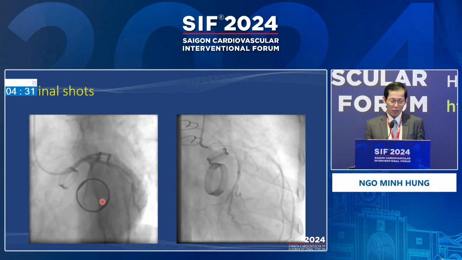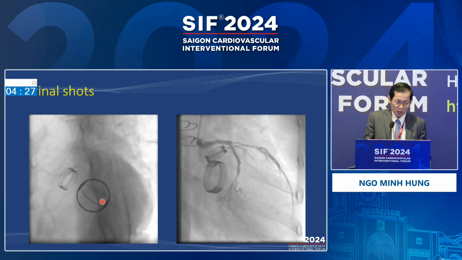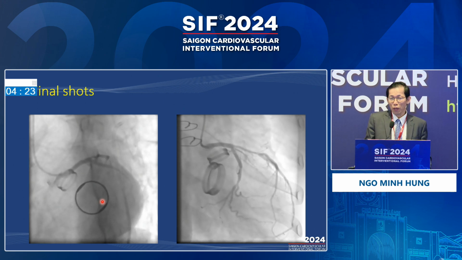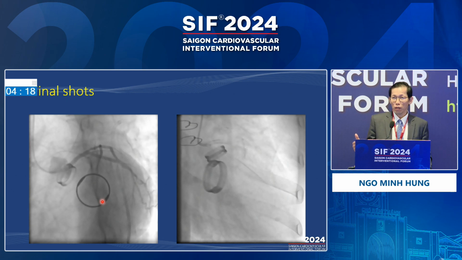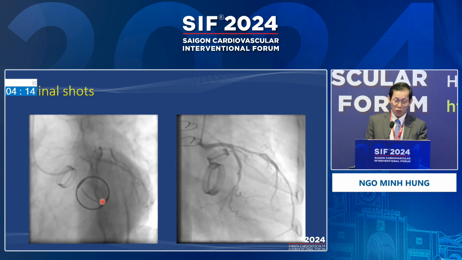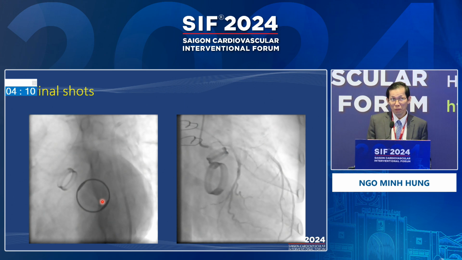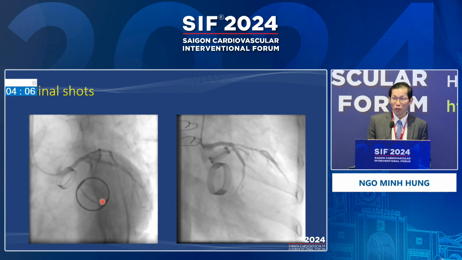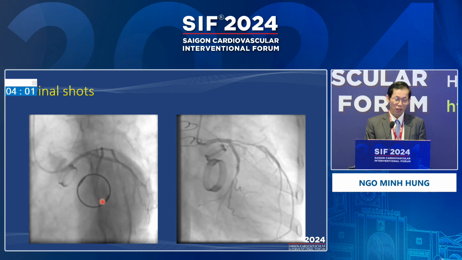But unfortunately, at that time we didn't have the IVUS catheters, so we could not check the mechanism underlying this situation, because the patient had symptoms for 1 year, but the surgery was almost 10 years ago. So I don't know the mechanism of that, but that is the limitation of this case.